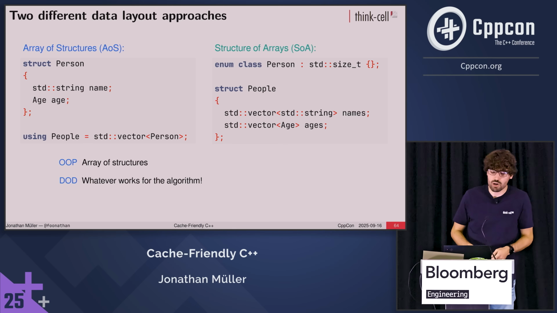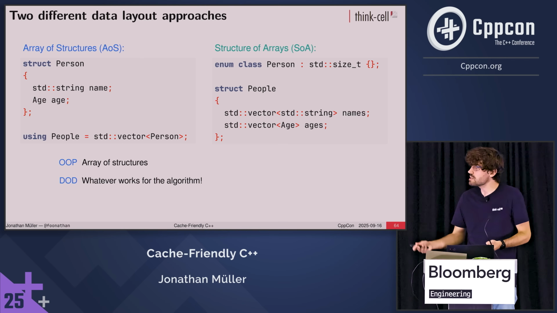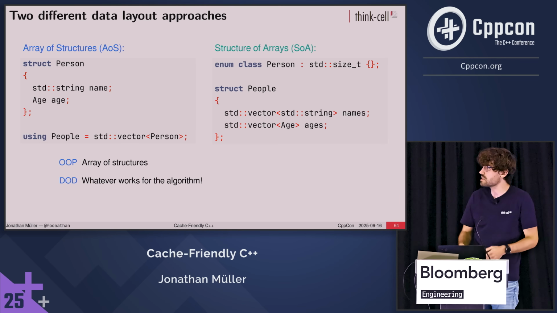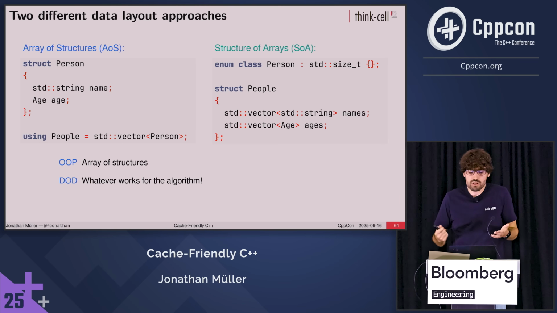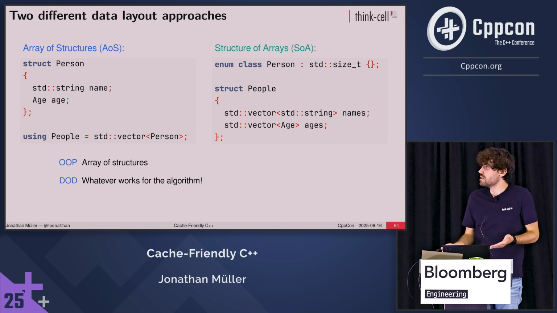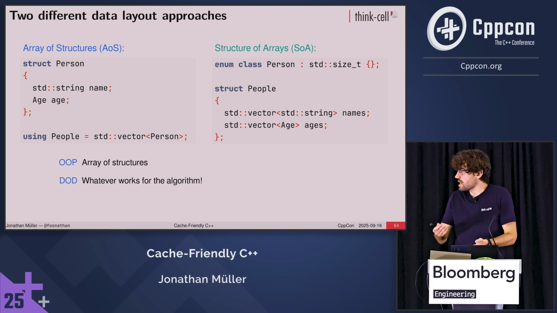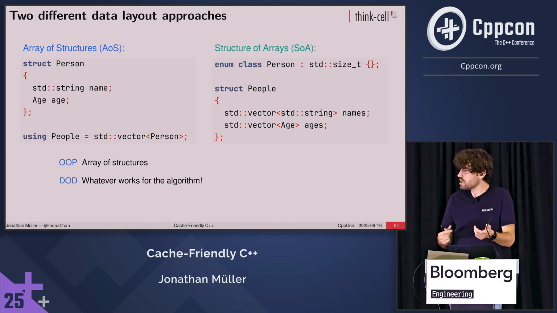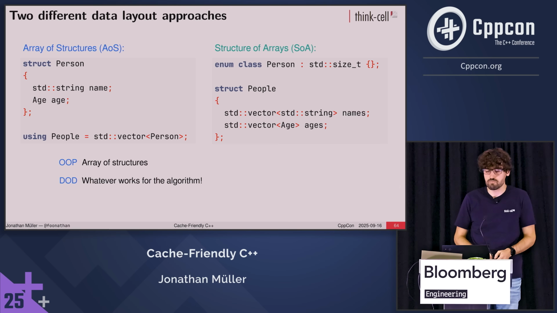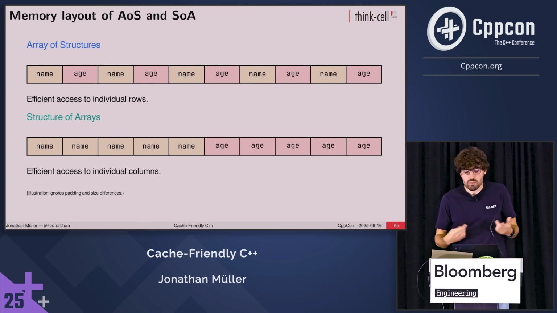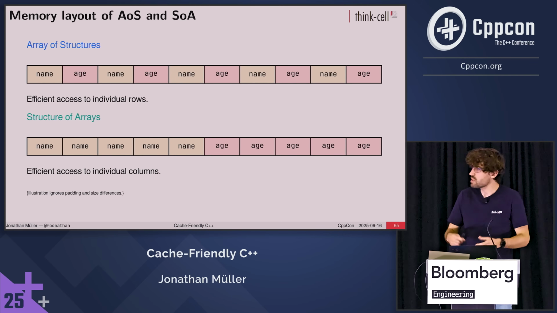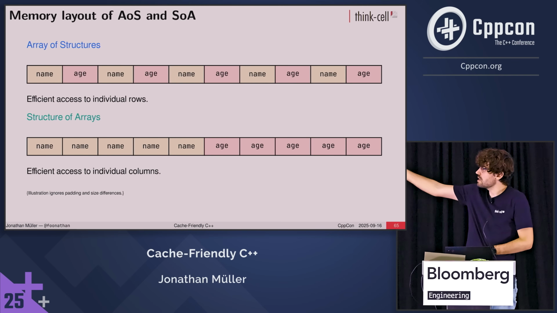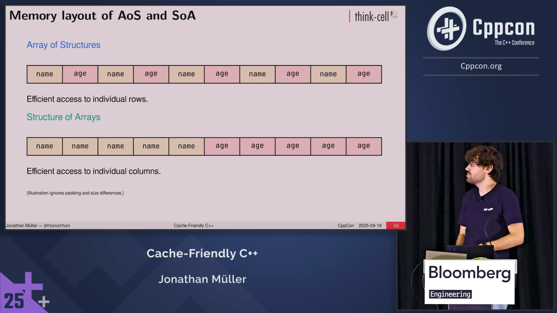And if you do OOP, you usually use an array of structures because your structs are your objects and OOP is about objects. And with DoD, you just use whatever works for the algorithm. So if you often need to work on both age and name, then it makes sense to keep them together. But if you sometimes only work on one of them, then it makes sense to split them apart. If you look at the memory layout, with an array of structures, we have the name, the age, potentially with padding bytes in between.